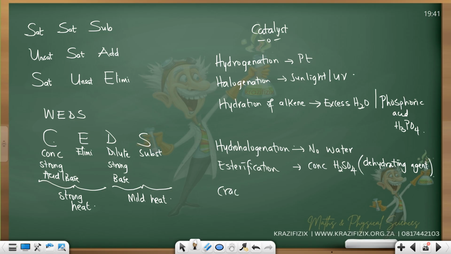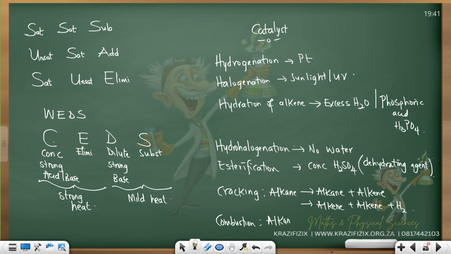If we have cracking like we did earlier on, an alkane will become a smaller alkane plus an alkene, or an alkene plus an alkene plus hydrogen. And a combustion reaction is an alkane plus oxygen to give us carbon dioxide plus water.